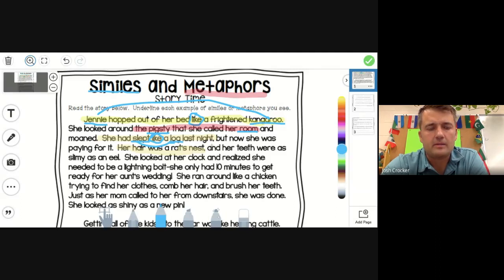In that comparison, what two things are being compared? We're comparing her hair to a rat's nest. What did we use to compare them? Well, the author just said was. He didn't say like or as. He just said was. So that was not a simile. That was a metaphor.